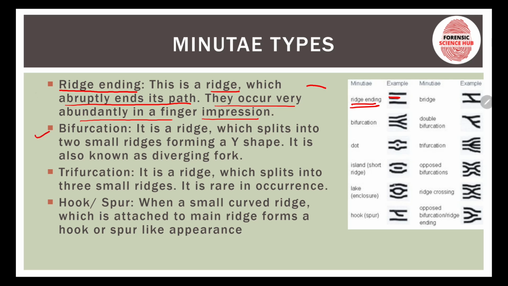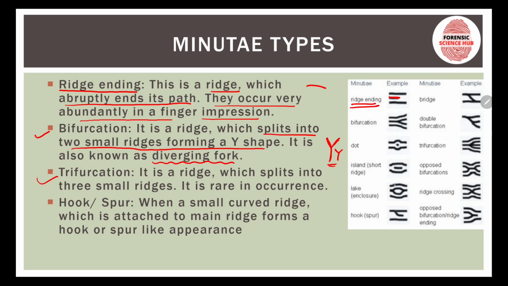Then next comes bifurcation. It is a ridge which splits into two small ridges forming a Y shape. For example, a ridge was going like this and suddenly it splits into two, so it is forming a Y shape here, right? A single ridge bifurcated into two new ridges. It is also known as a diverging fork because it looks like a fork.